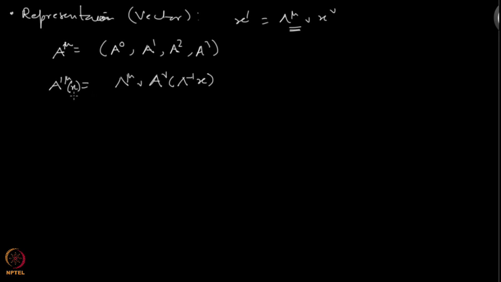And then, because you are now looking at a space time point x, and because you have done a boost, whatever was at lambda inverse x has been boosted, or transformed, to x. So, that is why you have lambda inverse x here. But what is more important to understand is that the fields are now mixing into each other.